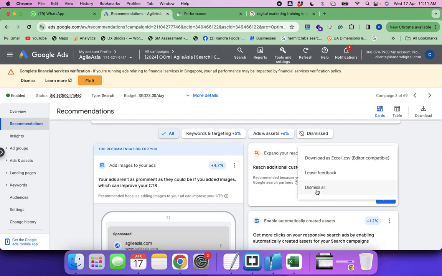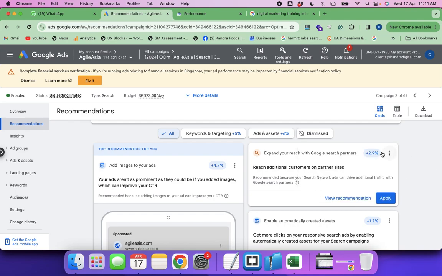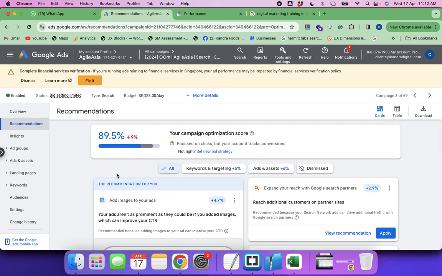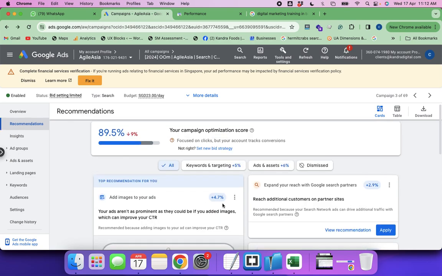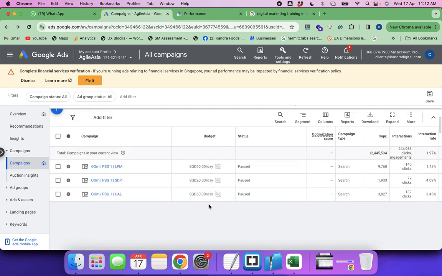Dismiss all, you can just dismiss that, so that the 2.9 percentage or 3 percentage score will improve. So the additional 3 percentage improvement will make it 93 percentage or 92.5 percentage. When you apply this, it's going to improve by 5 percentage, and automatically it goes to 97 percentage. Yeah, did you all get that?